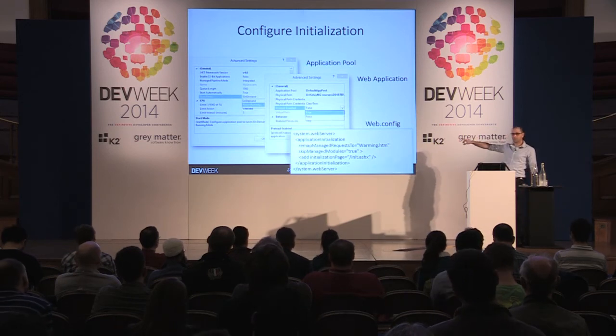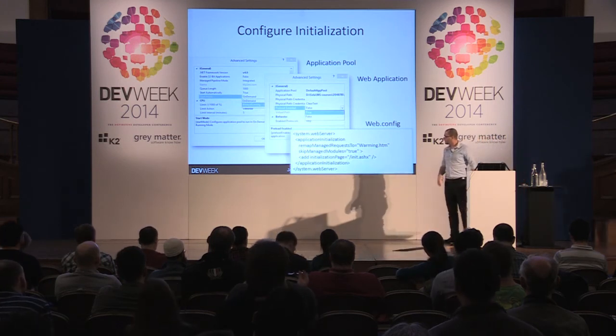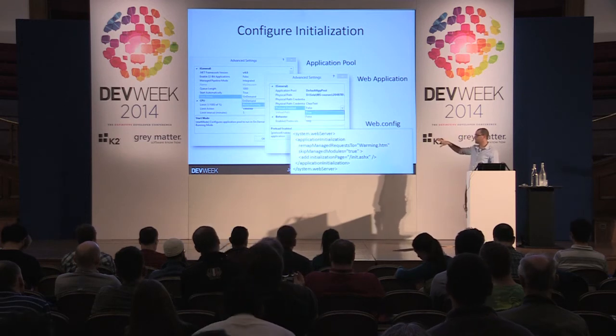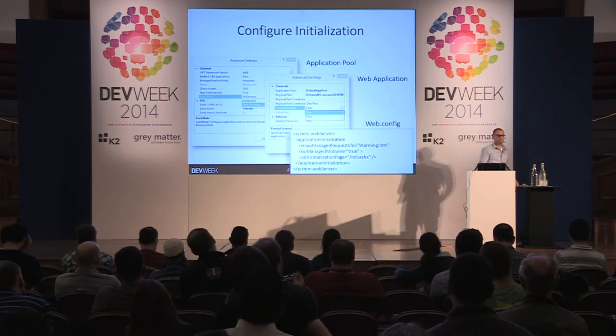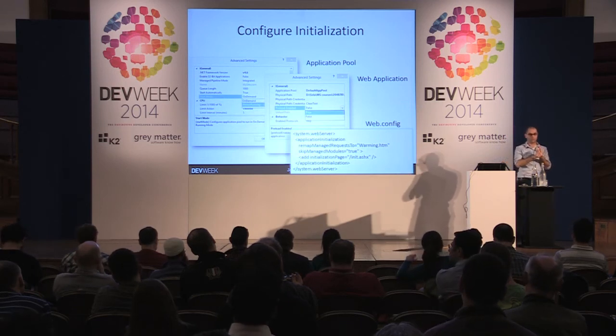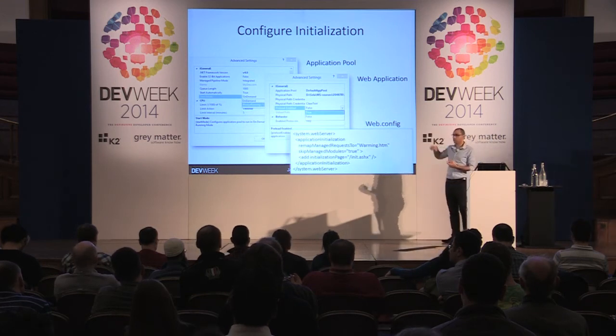Unfortunately, the schema doesn't support this block of code, so you won't get any IntelliSense, unless I think maybe it changed in 2013. The application initialization allows you to set the warning page the users will see while the initialization is executing, and it will allow you to select the initialization page you want to execute.